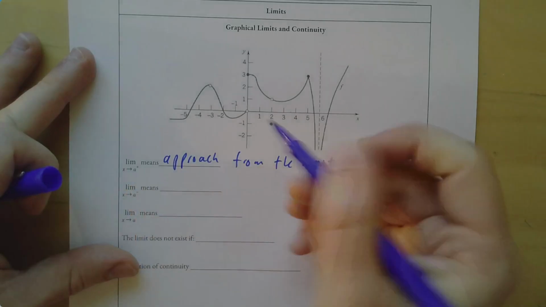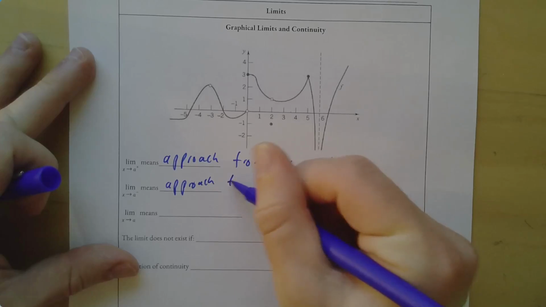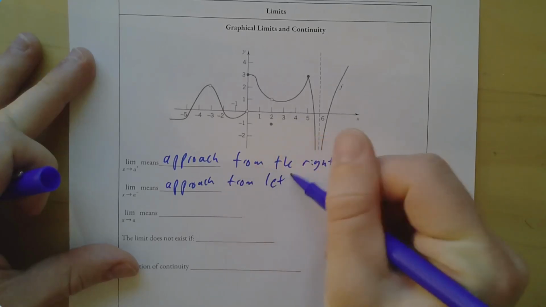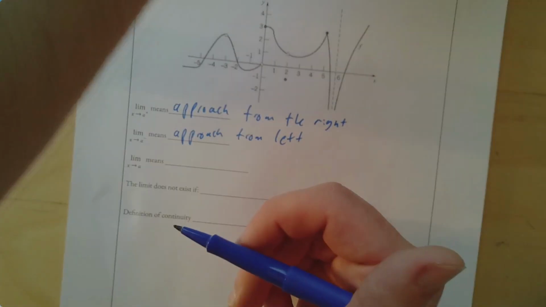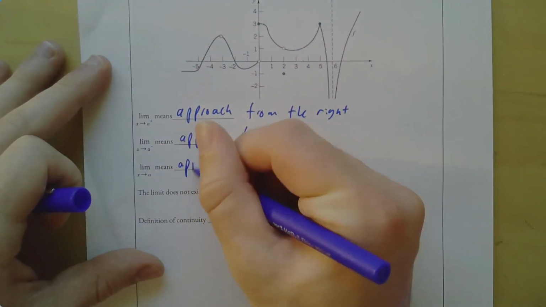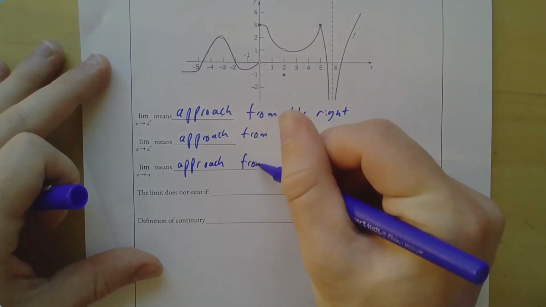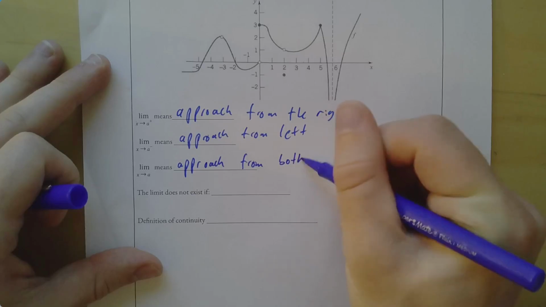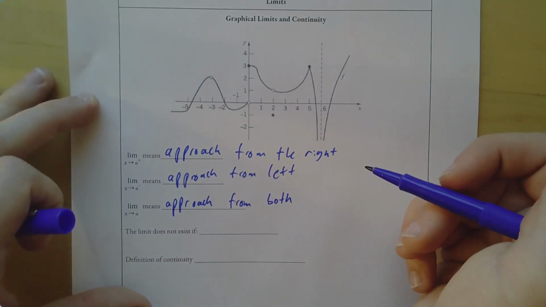With a negative sign, you approach from the left. And this is from both sides. Essentially, no sign means approach from both.